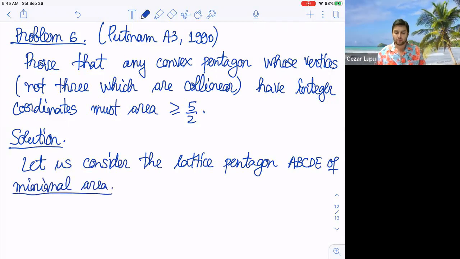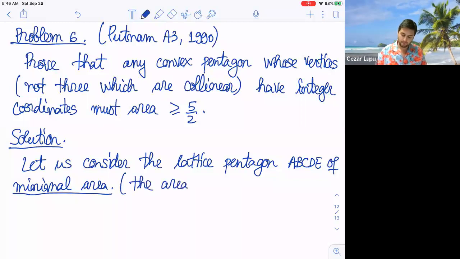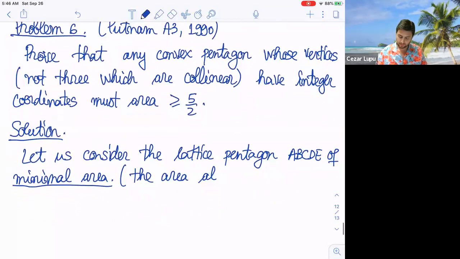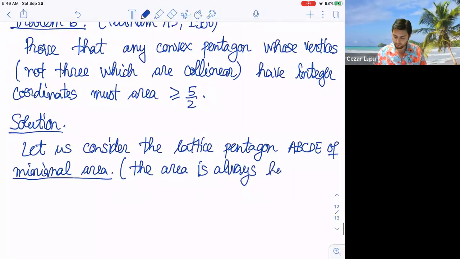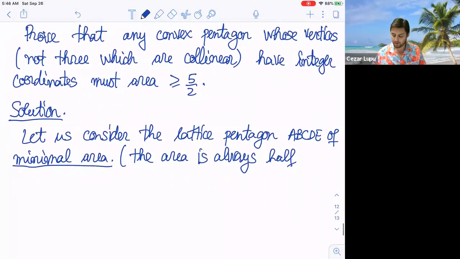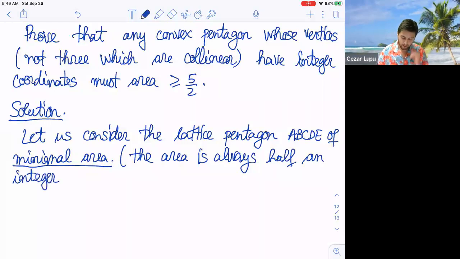Well, since the area is always half an integer, keep in mind, by Pick's theorem, the minimum always exists.